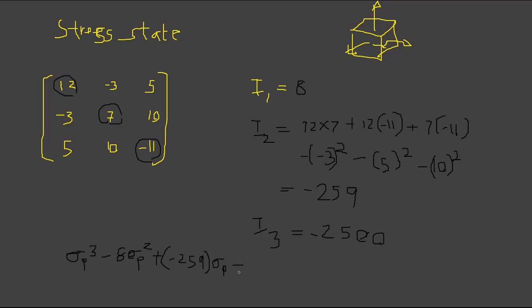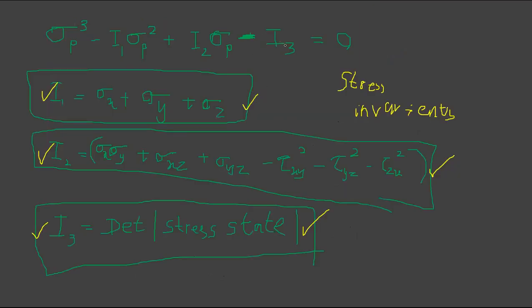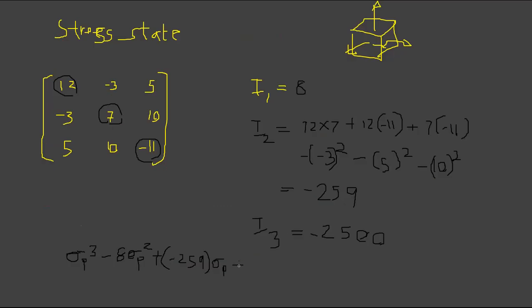So that's going to be I3 is minus, but you have minus I3, right? Minus I3. So that's going to give you plus 2500. So you need to solve this equation to find sigma p, which is your principal stress.